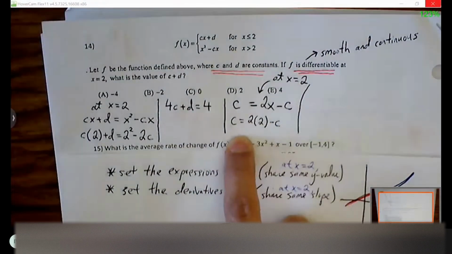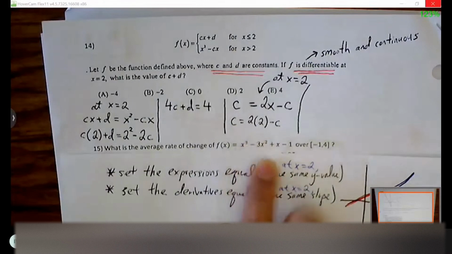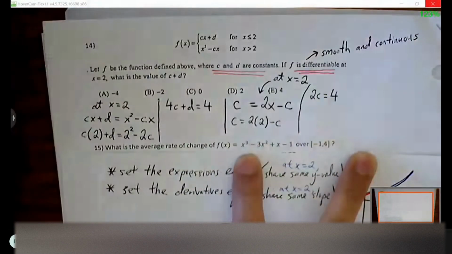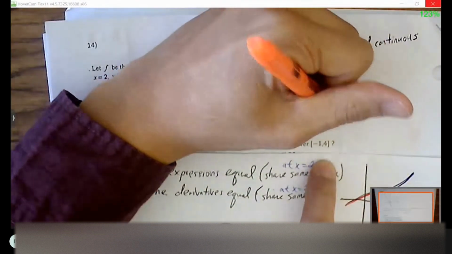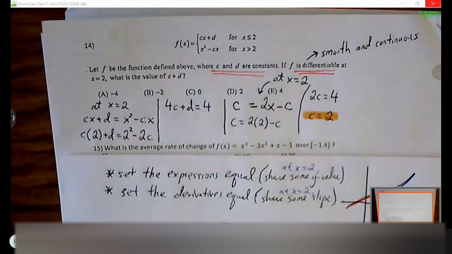Add c's together, I get 2c is equal to 4. Divide both sides by 2. Okay, so we have c figured out, which is good because we can use this to help us figure out the d in the other equation.